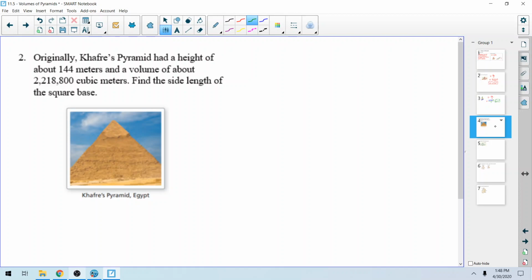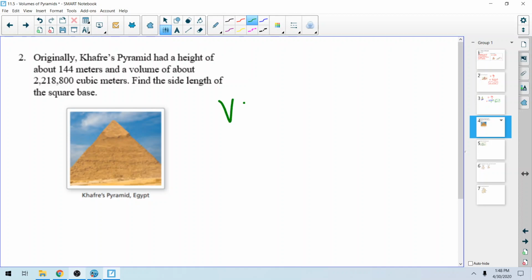Number 2. Khafre's pyramid had a height of about 144 meters and a volume of about 2,218,800,000 cubic meters. Find the side length of the square base. Okay, so let's think about this. We have a pyramid.